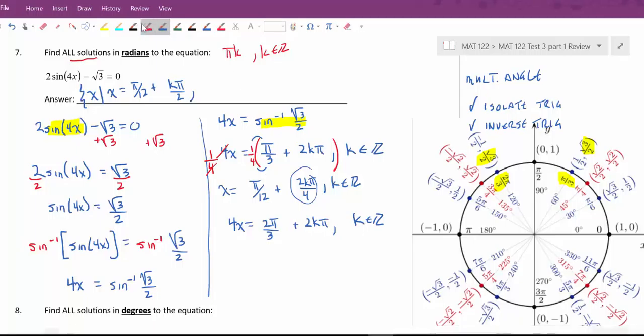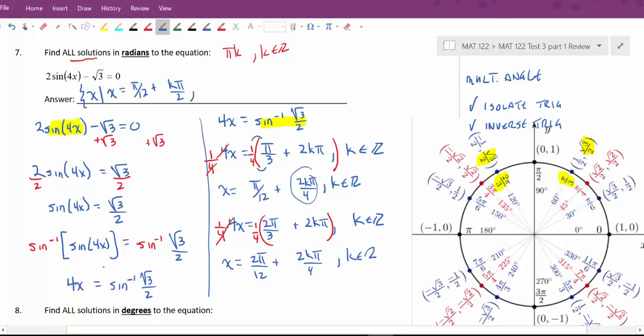When we do the same exact thing down here, we multiply both sides by 1/4. And when I do that, I'm going to end up having x is equal to 2 pi over 12, and then 2k pi over 4, with k being an integer.